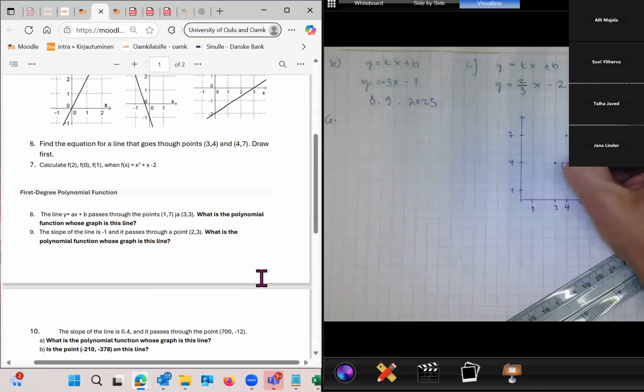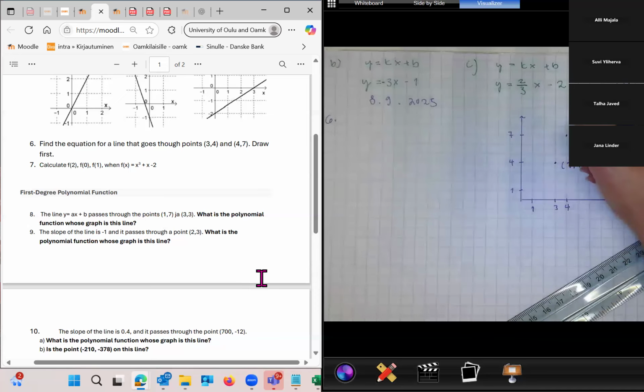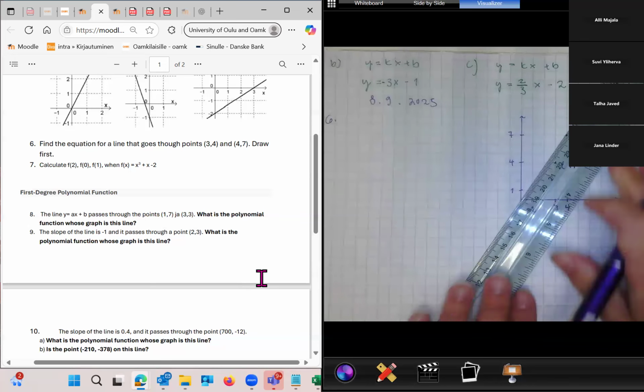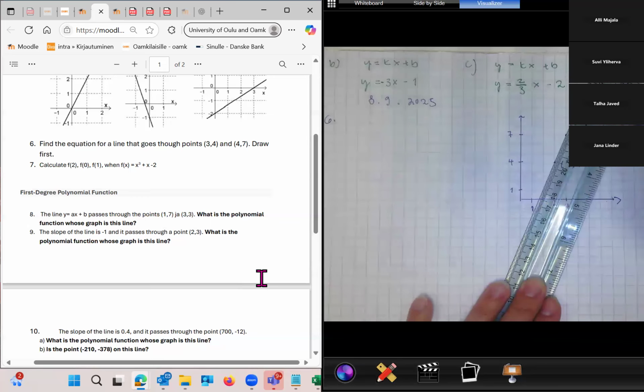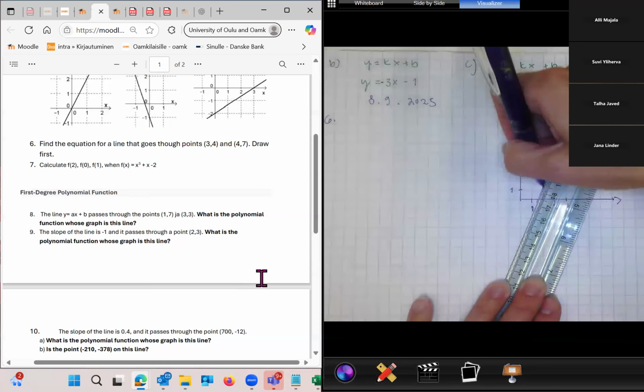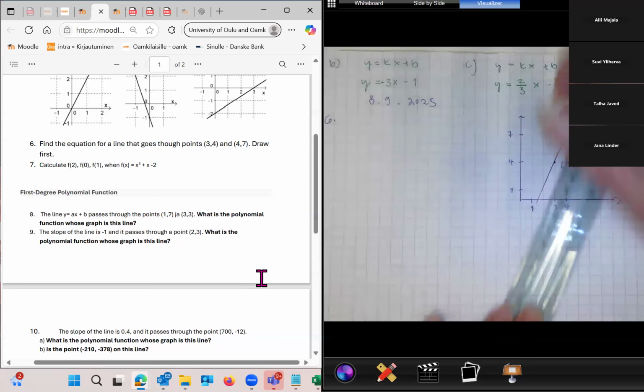So this would be the 3, 4, and this would be the 4, 7. There would be a line.